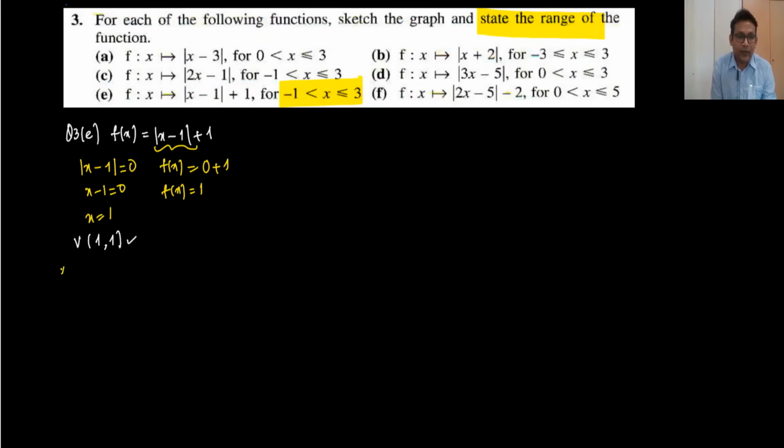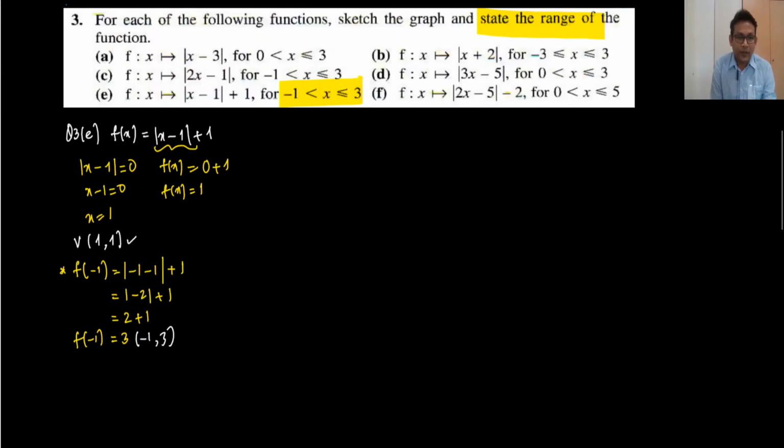Next step, to find the domain, f of minus 1 is coming minus 1 and plus 1. Minus 1 is minus 2, plus 1 is coming positive 2. 2 plus 1 is 3. So f of minus 1 is coming 3. So the coordinates are minus 1 and 3.